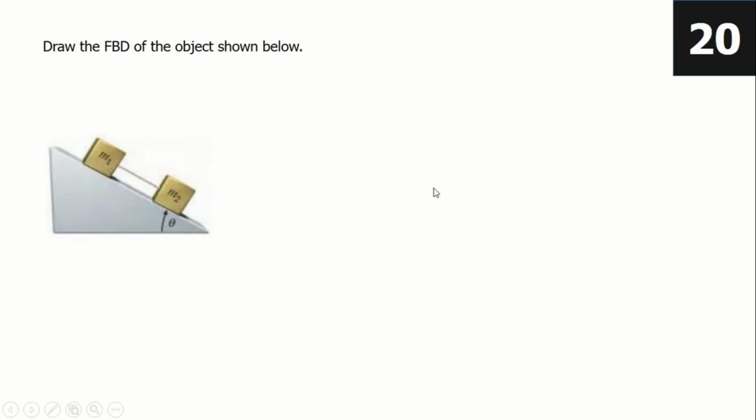Okay, so for the final item, you are to draw the free body diagram of two masses, mass 1 and 2, both of them on a ramp, and they are connected by means of a string or a rope. So let's do first mass 1. So mass 1, again, we have a tension here, so it's getting pulled downwards by mass 2 by means of this tension or this tensile force.